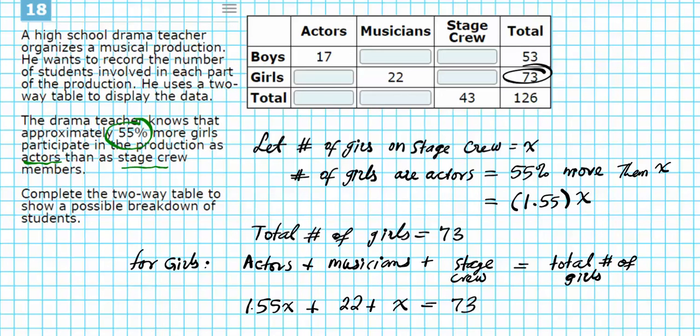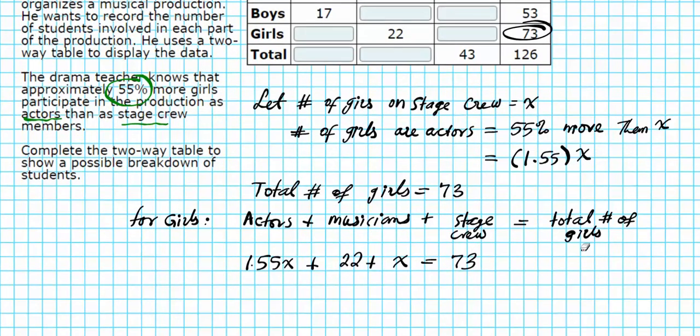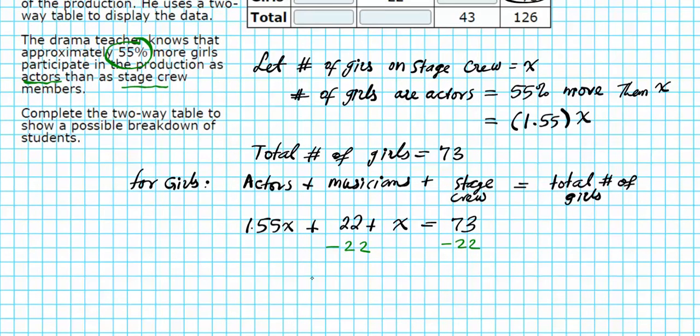All right, so by solving this resulting equation for x, we will be able to determine the number of girls that are on stage crew and also actors. Okay, so let's combine like terms. Let's subtract 22 from both sides first. Just write it out so you don't get confused: 1.55x plus x equals 73 minus 22, which is 51.